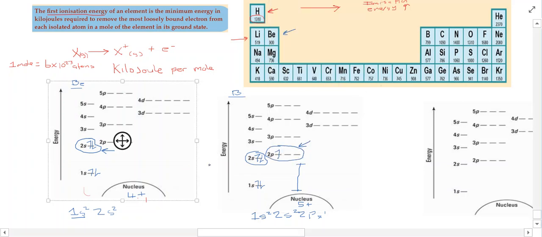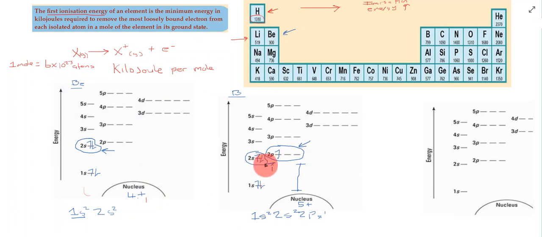They're going to push this electron away, and as a result that's going to make it much easier for this electron. So these two electrons are going to repel this outer electron, and because the outer electron is positioned here, physically further away from the nucleus of the boron atom, it's going to be much easier to pull it away, because these two are pushing it away and repelling it, and it's also physically further away.